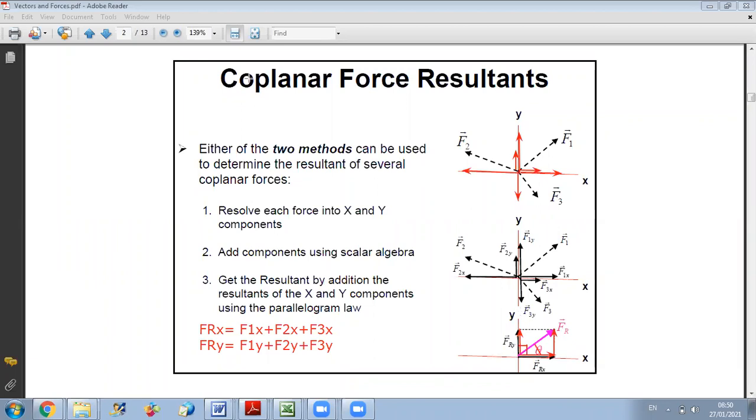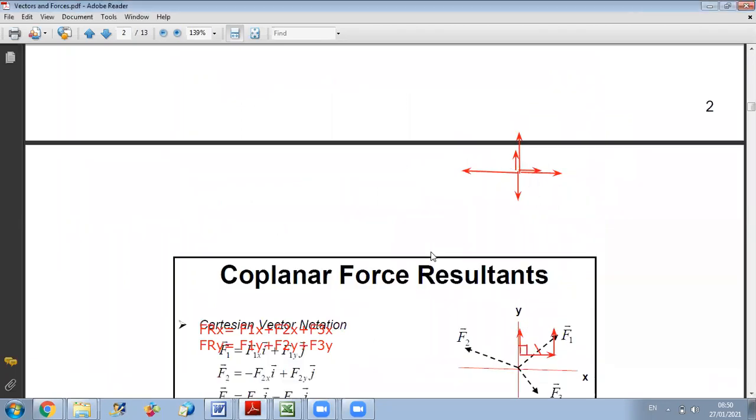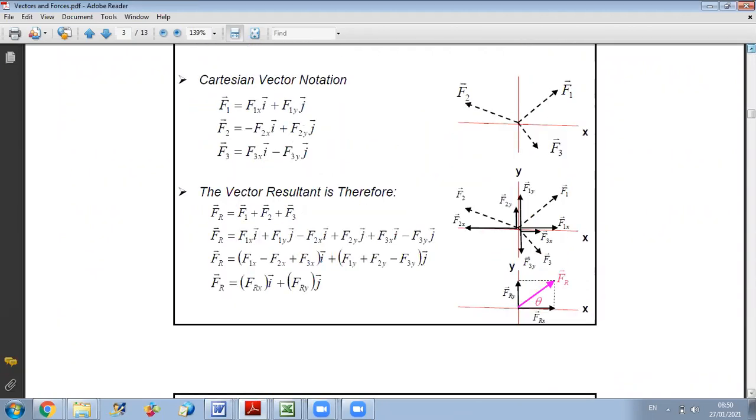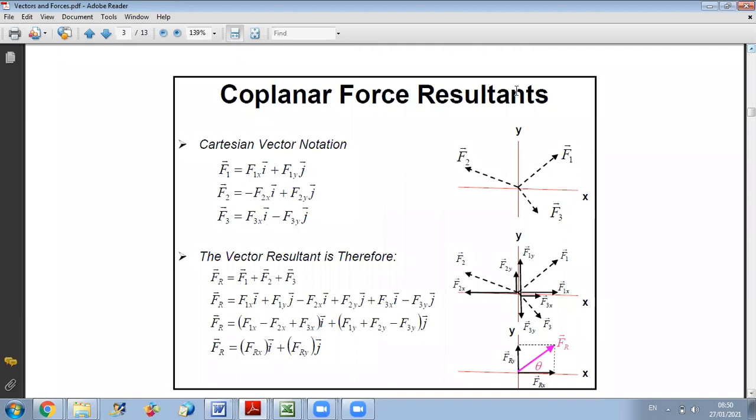If we see it in the next slide, we have two possibilities for the addition. We can write it in scalar form as I did with you, or we can use the Cartesian notation.